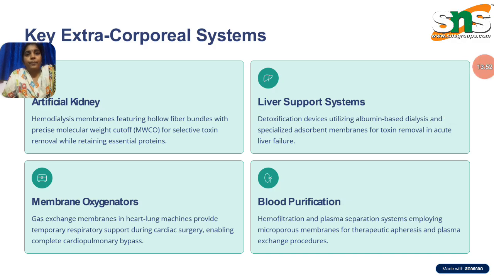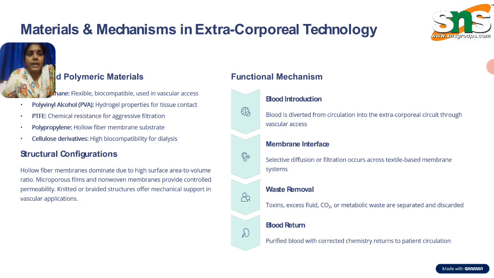So the materials and membranes in extracorporeal technology involve blood introduction, membrane interface, waste removal, and blood return. Those things we have already seen in the artificial kidney, artificial liver and the others. So these are some of the materials and fibers we go on using.